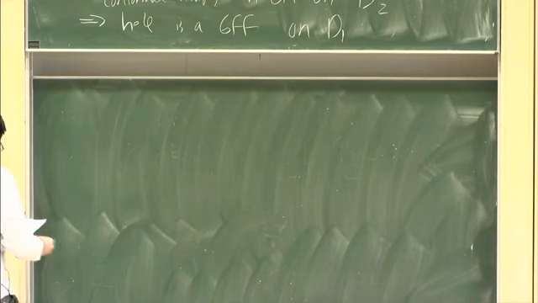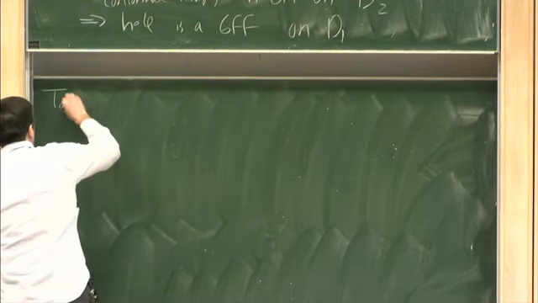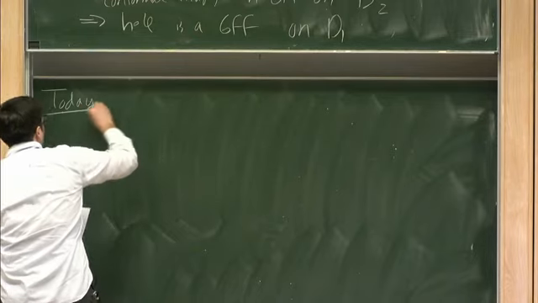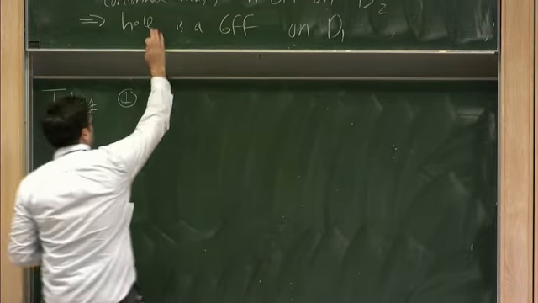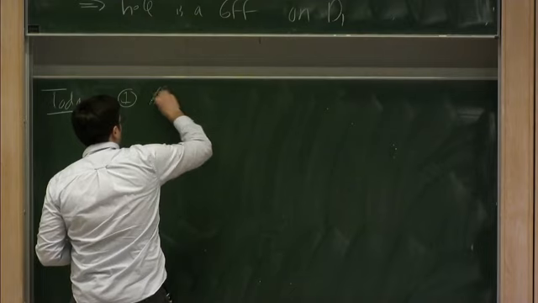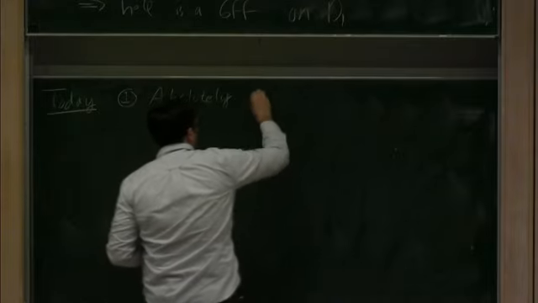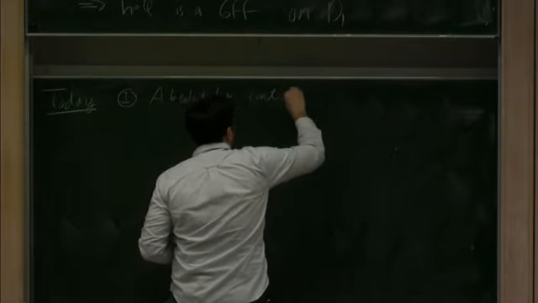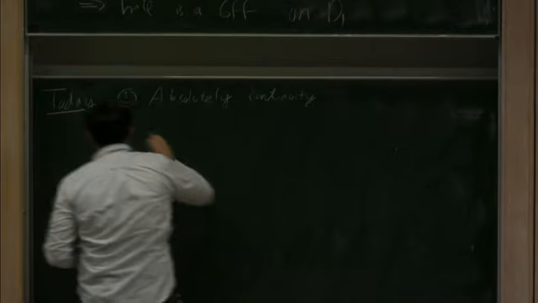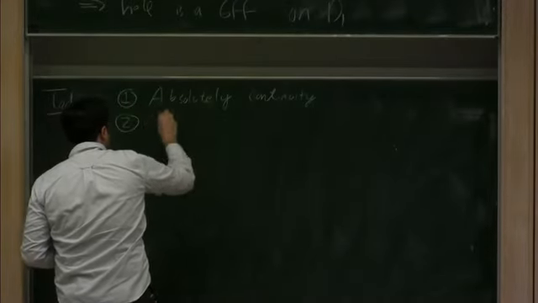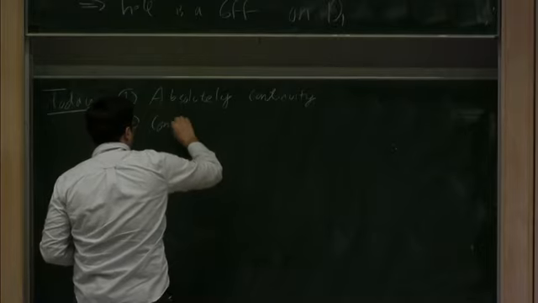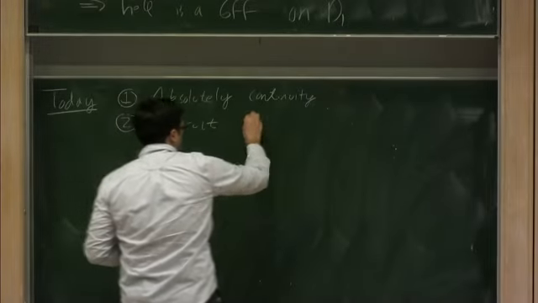What we're going to do today is look at a very useful but simple absolute continuity lemma for the Gaussian free field. And then after that, we're going to construct the circle average process.